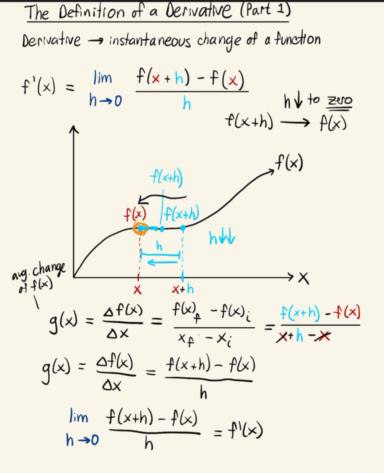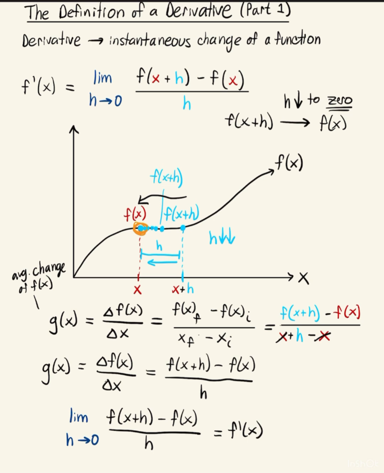So, again, an instantaneous change is simply an average change where the two points that you start at and you end at move really close to each other, and that distance between them approaches 0. In our case, we had f of x plus h and f of x, and we said that this fraction here was our average change.